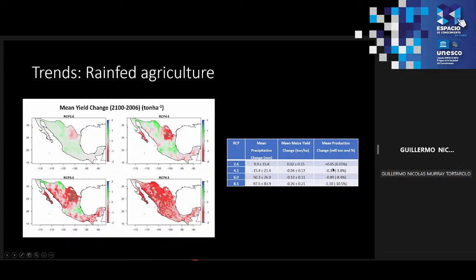We saw a slight increment in production and yields, not different from 0. But on the most extreme events, we see a decline up to 10% in maize yields and maize production, with regions declining up to 30%. So this is mainly driven by a decrease on average precipitation across the country.